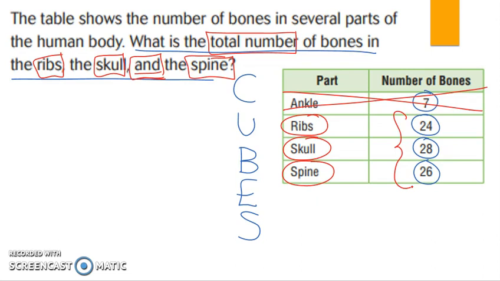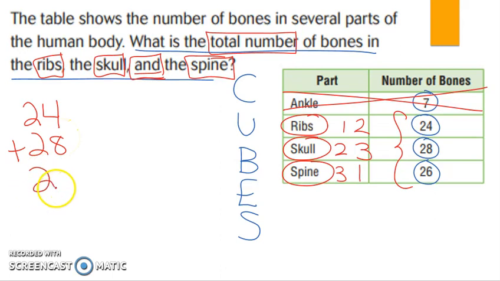I can add the ribs first, the skull second, or the spine third, and Miss Addison could add the spine first, the ribs second, and the skull third, and we would still both get the same answer. So 20 plus 28 plus 26. Let's go ahead and add.